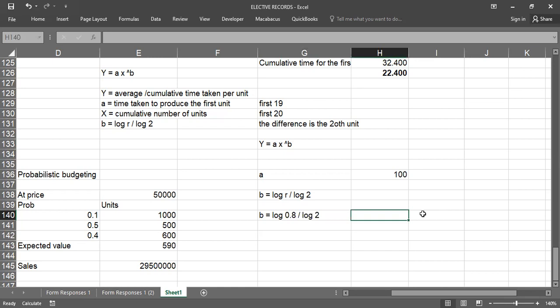Guys, you're taking long. Okay, assuming you get negative 0.013.